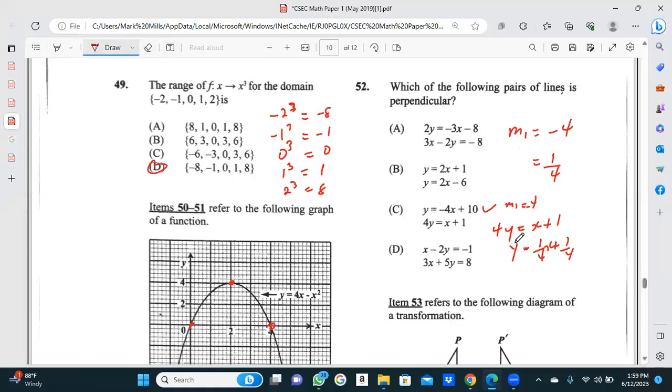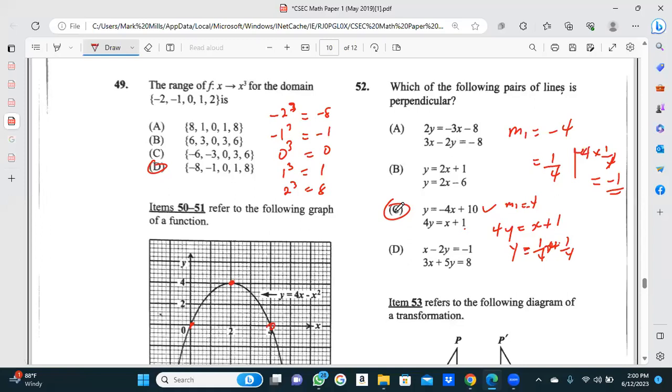If you transpose, y is equal to 1/4x plus 1/4. So when you multiply the 2 gradients, your answer should give you -1. Let's try it and see. -4 times 1/4. When you multiply, you get -1. Yes? So that's how it's done. C.